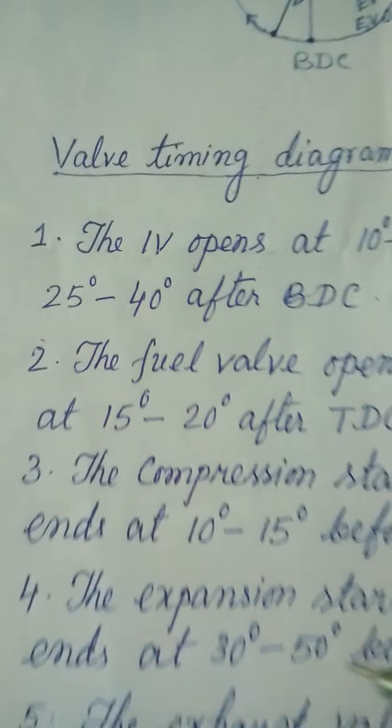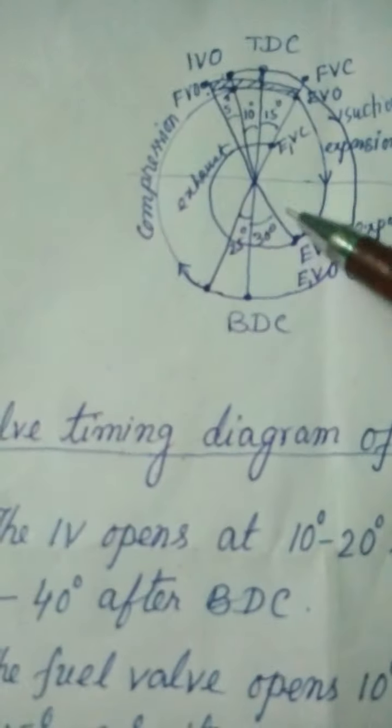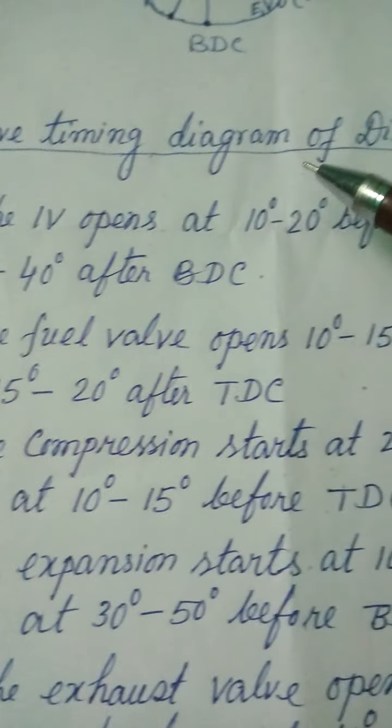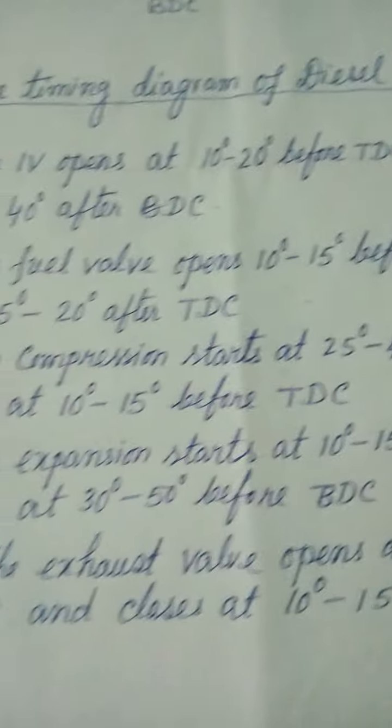So there is a timing degree of opening. I will show you this afterwards. You just write down this one: valve timing diagram of diesel engine, this is the 4-stroke. Now I will give you the total.